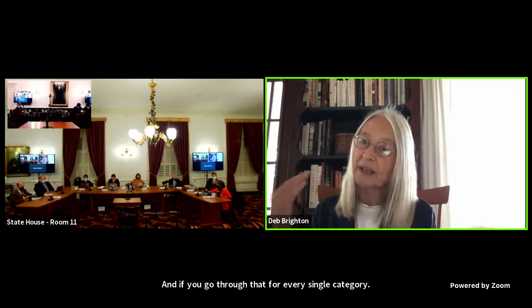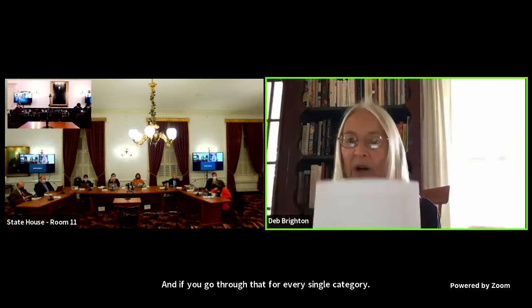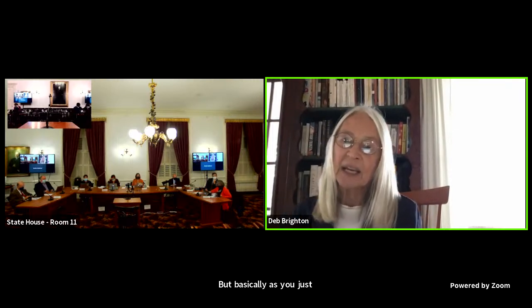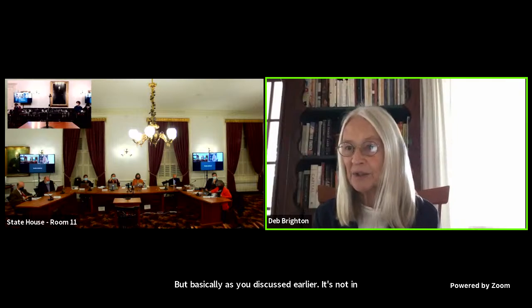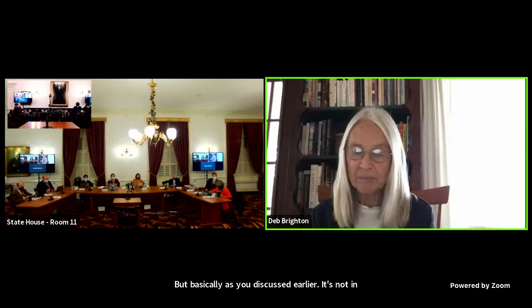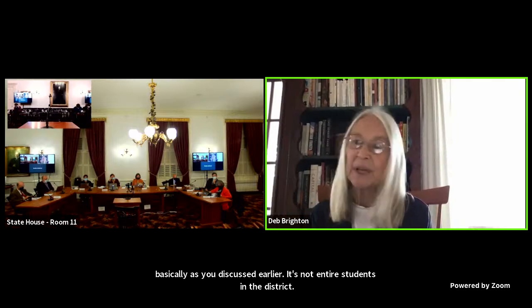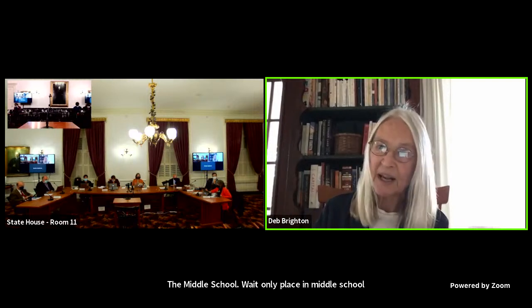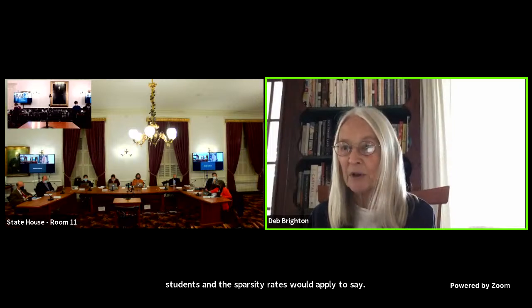process. You just multiply the number of, I think Brad called it enrolled cohort. But basically, as you discussed earlier, it's not entire students in the district. The middle school weight only applies to middle school students, and the sparsity weights would apply to, say, all the people in the district.